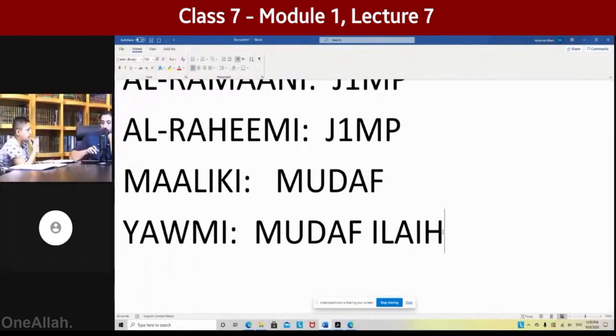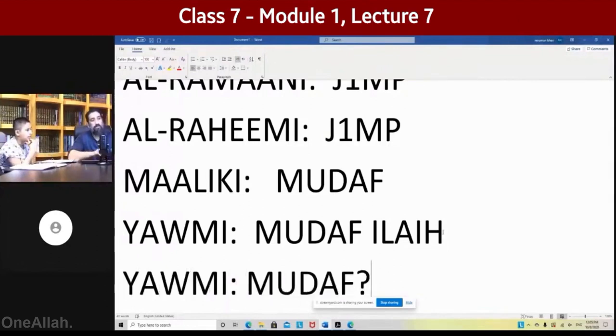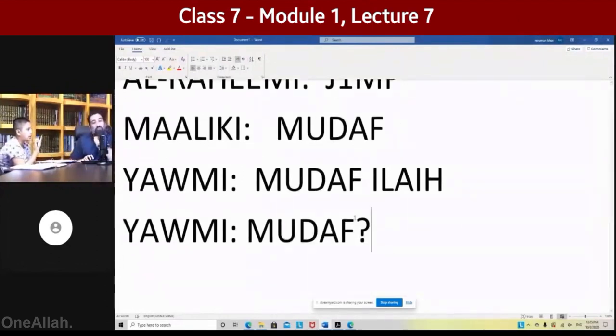But I'm starting to look at Yomi a little suspiciously also. Why am I looking at Yomi suspiciously? Because it doesn't have an al either. And it's also light. Light, no al. That's for jar or for mudaf. And it's okay for a word to be a mudaf ilayh for someone else and a mudaf for someone else. Maybe it is a mudaf.